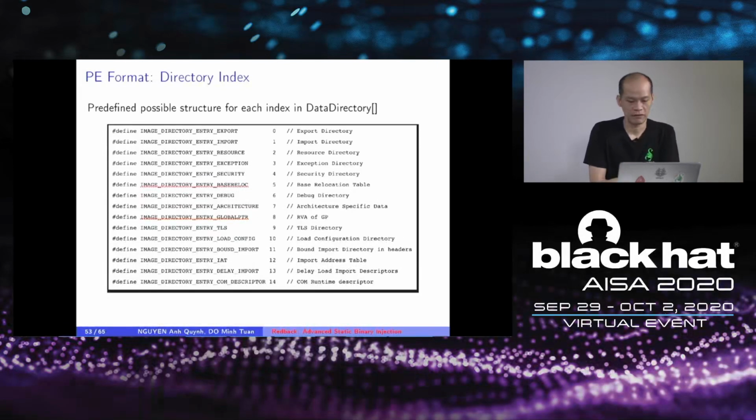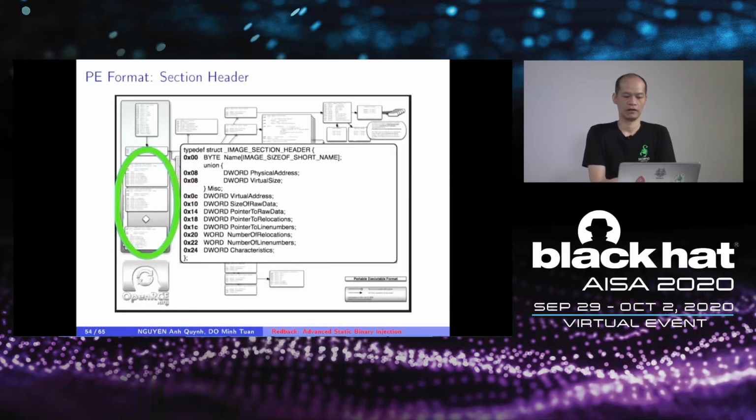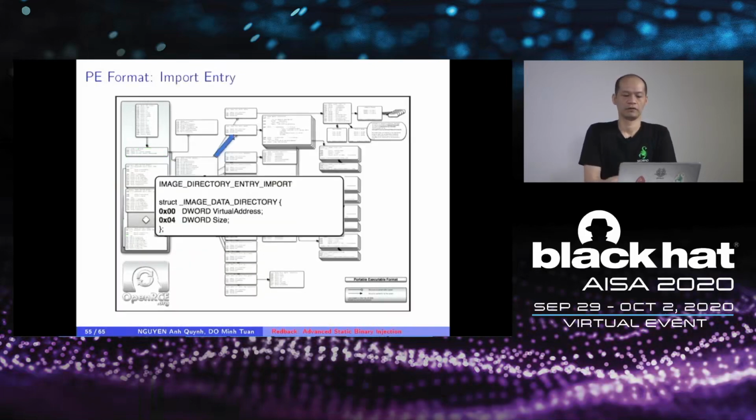One PE file can have many sections, and each section has one section header, and each section header points you to the location of the section in memory, the size, and more. We have some very important entries in the directory entries.